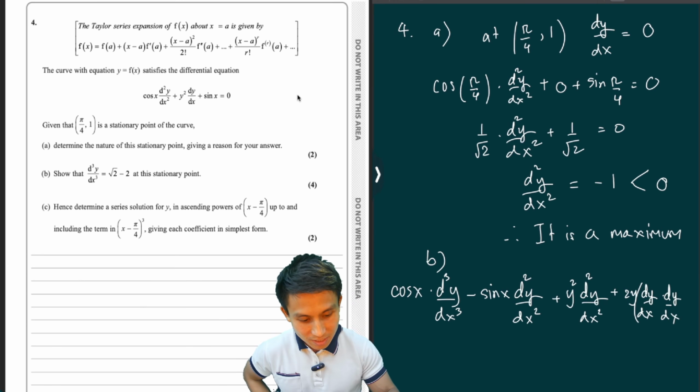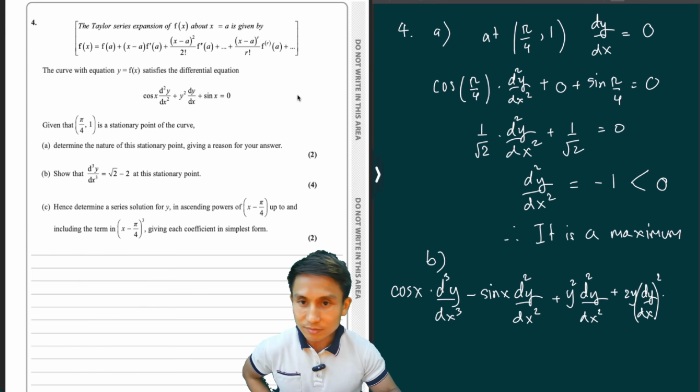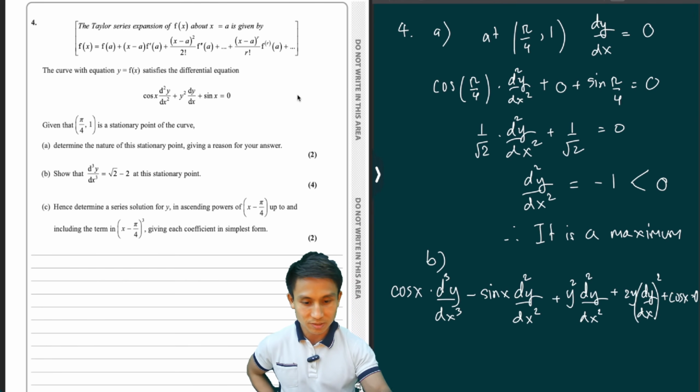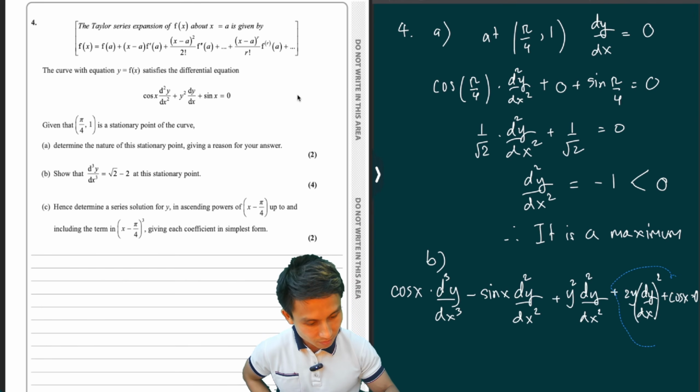So that's going to be dy by dx overall squared, like that. Yeah. And then differentiating sine x, we get a plus cos x, and the other side is 0, right? I hope you can see that. Okay, let me move a bit. Equals 0 here, yeah? All right.